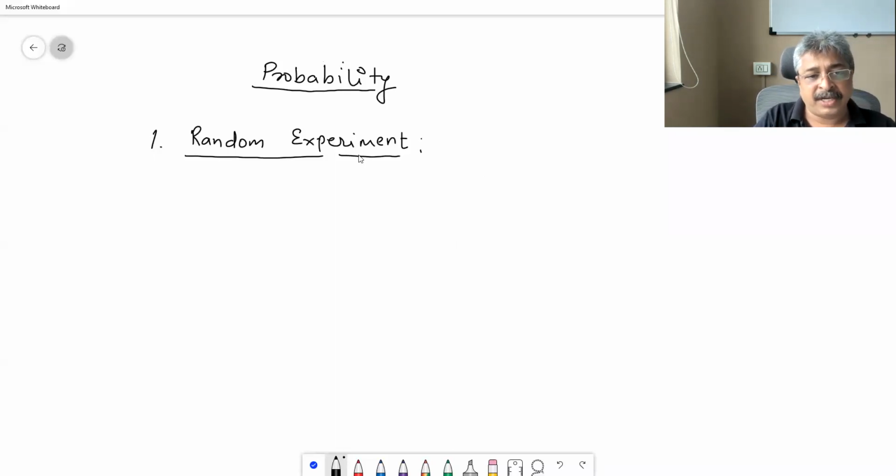Such an experiment is called a random experiment. Very simple. If an experiment has more than one possible result and you cannot predict which one is going to happen, then the experiment is called a random experiment.